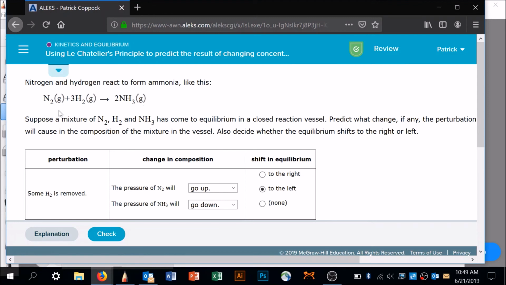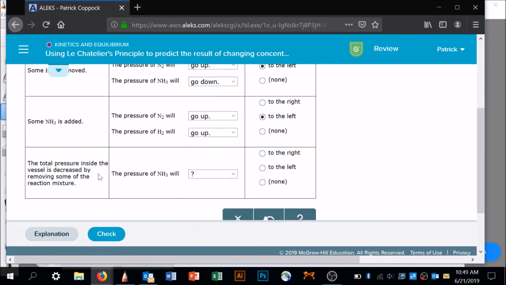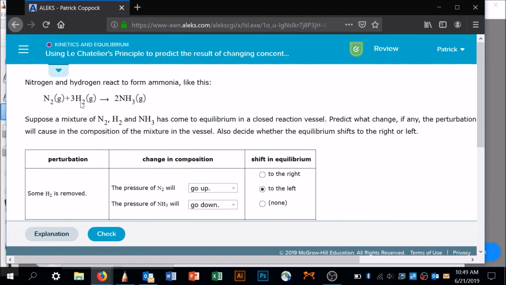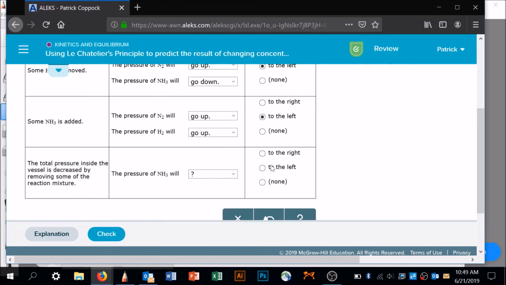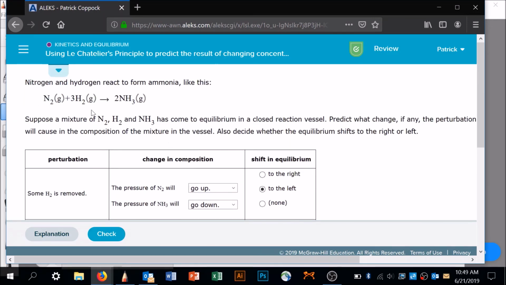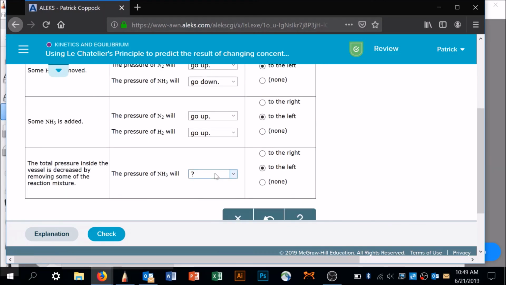So if the pressure goes up, it's going to go toward the fewer moles. If pressure goes down, it's going to go to the more moles, okay? The total pressure inside the vessel is decreased. So if pressure goes down, it's going to go toward the side of the more moles. It's going to go to the left, and that looks like ammonia then is going to go down, if pressure is decreased.